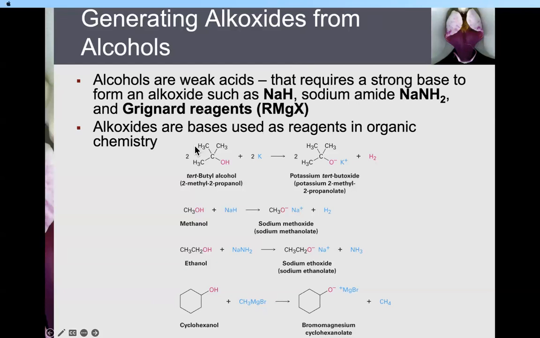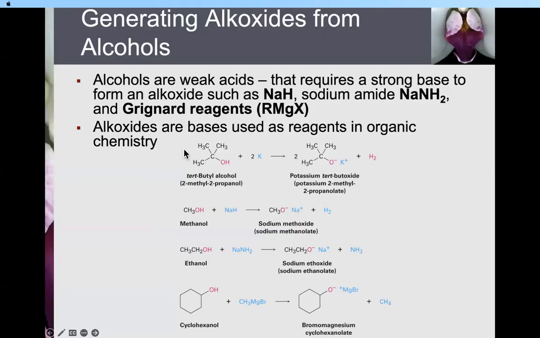So the result is an alkoxide. The alkoxides are themselves bases, so the alcohol has become a base that is frequently used as a reagent in organic chemistry.